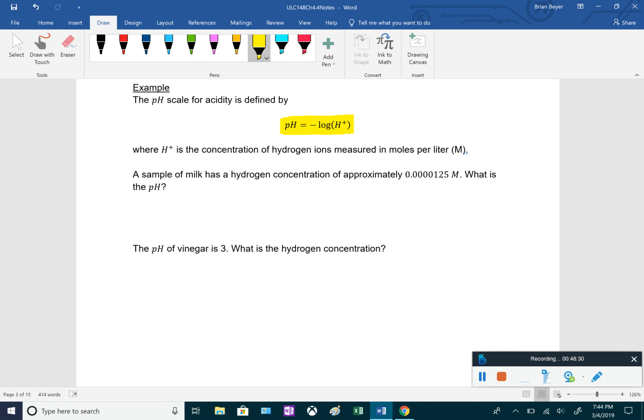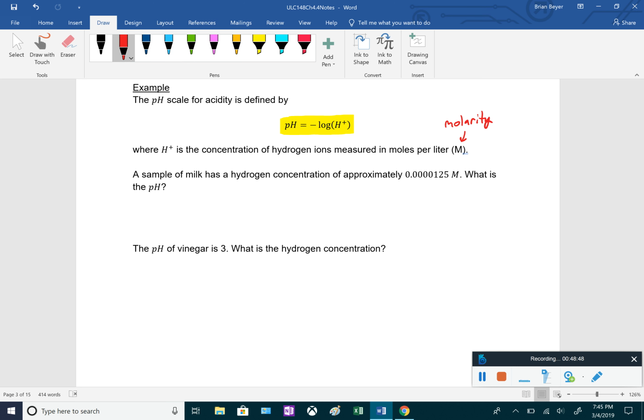That H plus is the concentration of hydrogen ions, and it's measured in moles per liter. If I remember correctly, the M stands for molarity, so that's why it's just capital M for moles per liter.